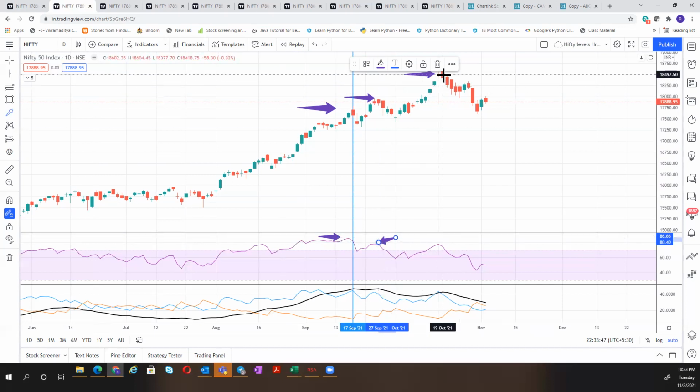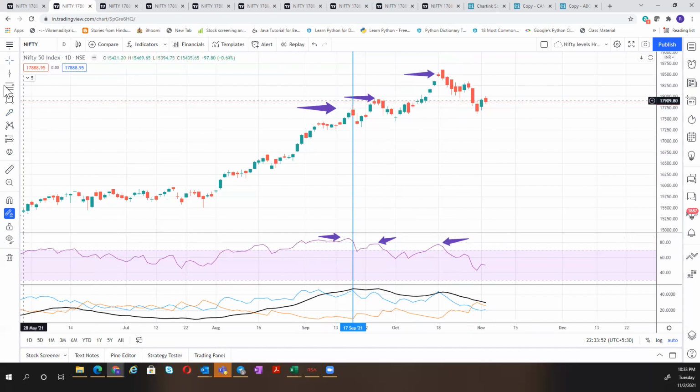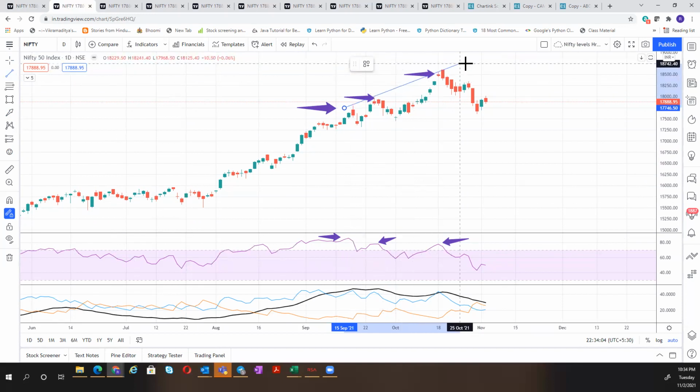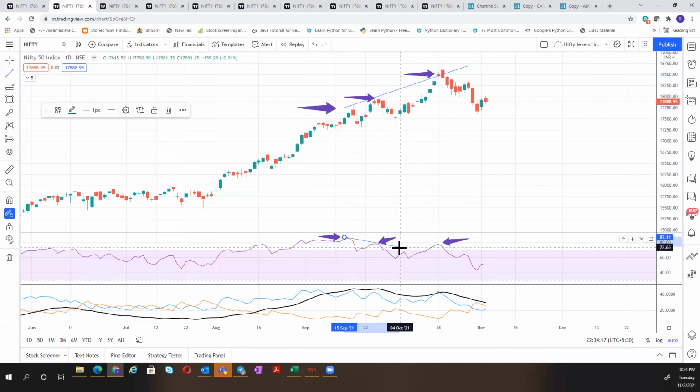This is a higher peak, but RSI is down. So what I'm trying to showcase here is if you put a trend line joining all the tops, all the peaks, what is the trend? Trend is uptrend, it's going up. Now similarly, when you join the first peak and the next subsequent peaks, what is the trend?